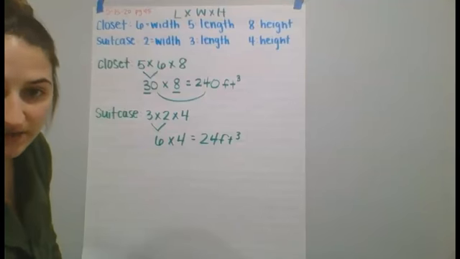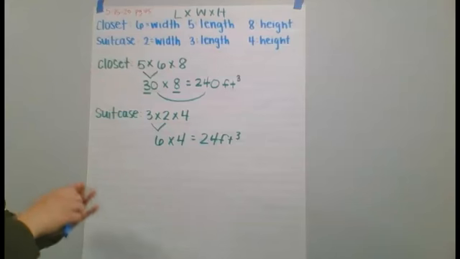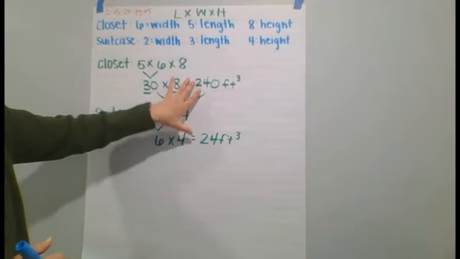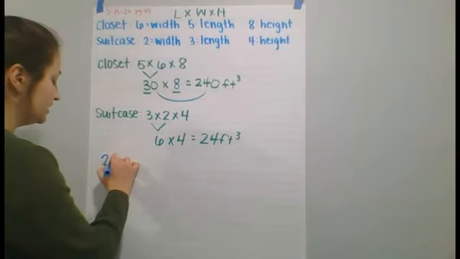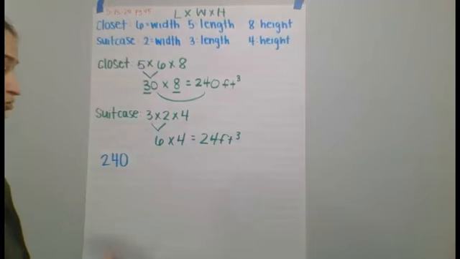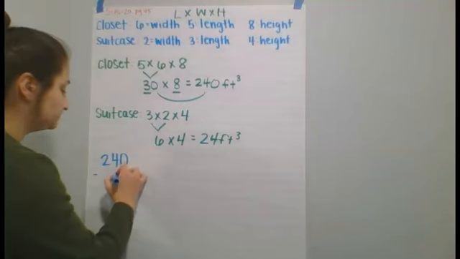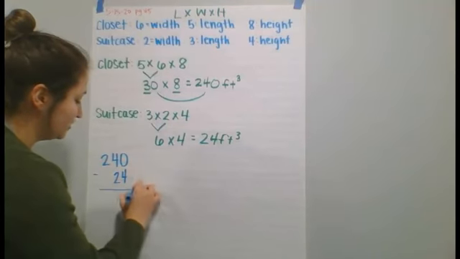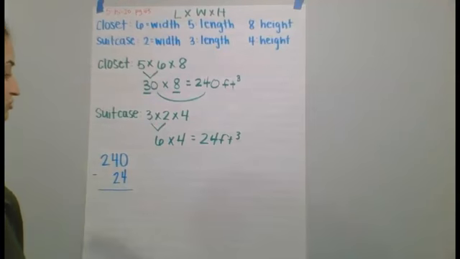So I want to know how much space is left in my closet. In order to do that, we have to find the difference between the closet and the suitcase. So we're going to take our 240 feet cubed and subtract away the suitcase. Remember you want to make sure that you're lining up those place values, the ones place and the tens place, and then we'll subtract.